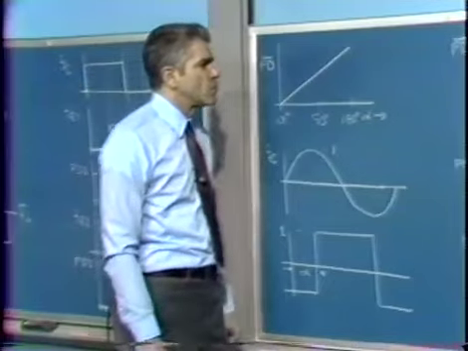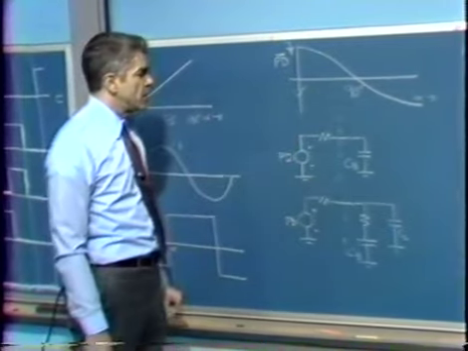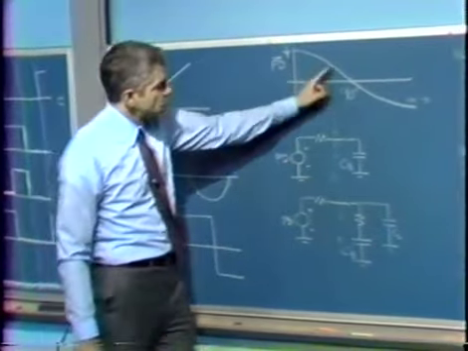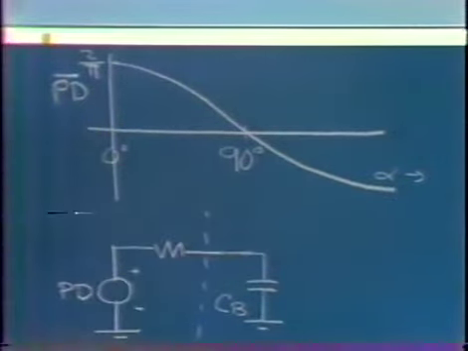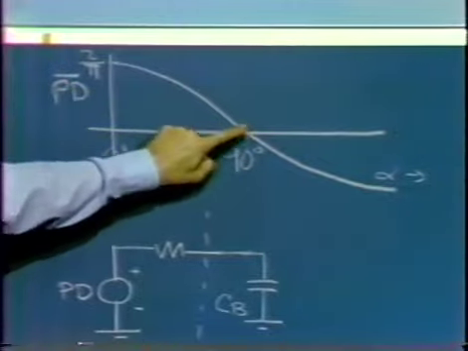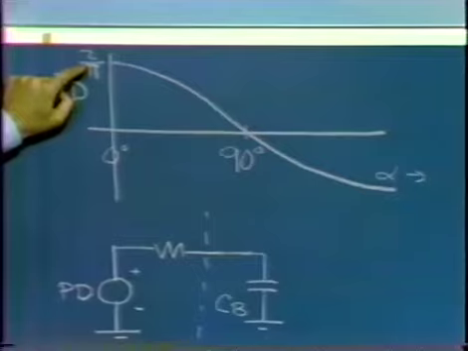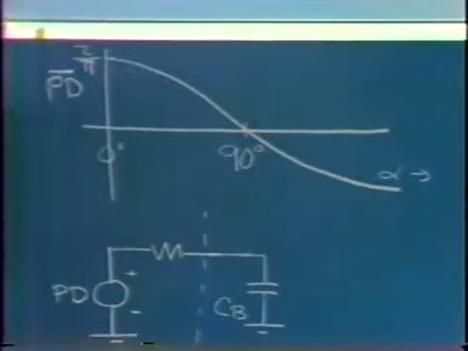If we keep track of those relationships, the average value out of this sort of phase detector gives us a transfer function like so, a sinusoidal picture. If we normalize things so that the slope is 1 in here, we hit a maximum value of 2 over pi at the extremes, or minus 2 over pi at the other extreme.